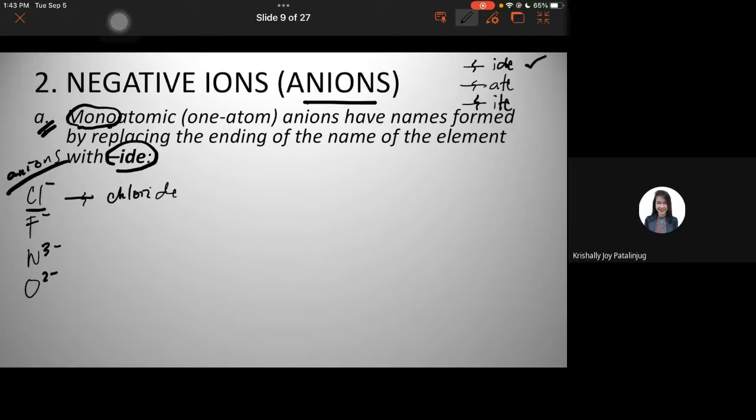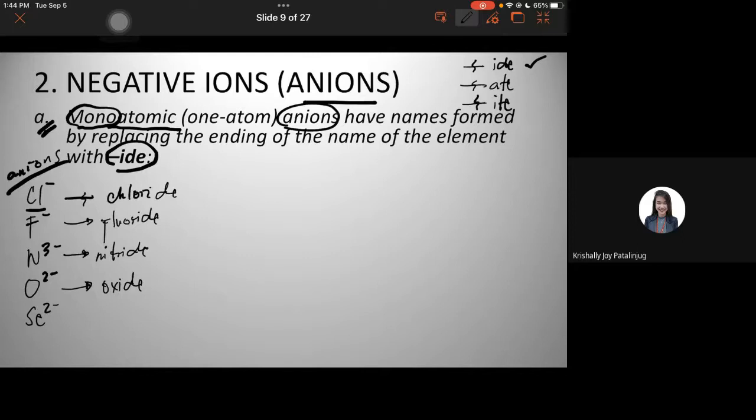Again, if it is monoatomic, a single atom only of a non-metal, and it forms an ion, particularly an anion, change the ending of their name to IDE. So this is not fluorine, but fluoride, because it's already an anion. From nitrogen, this becomes nitride. Oxygen becomes oxide.